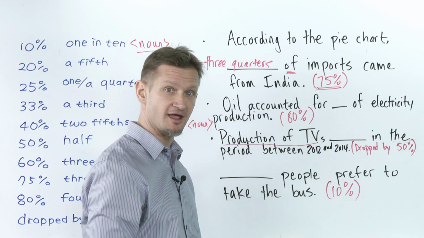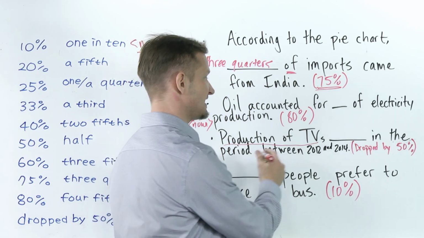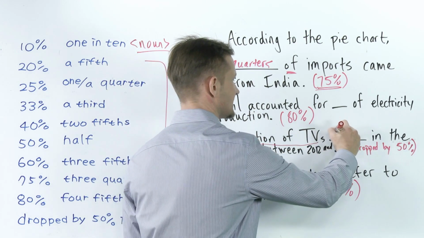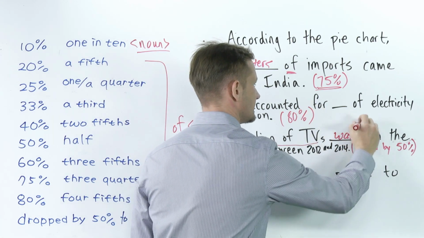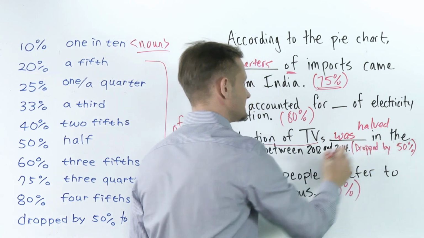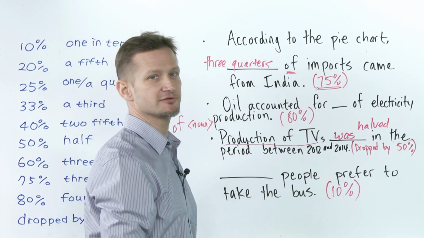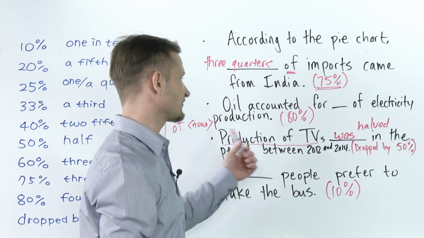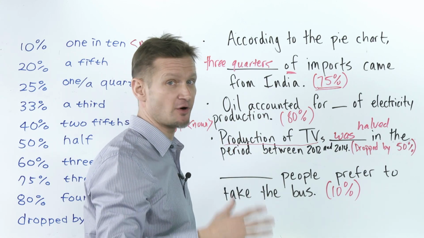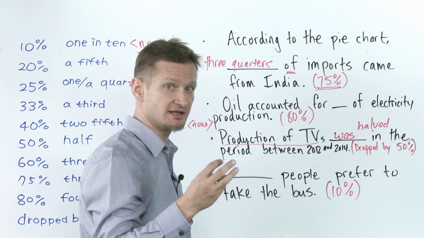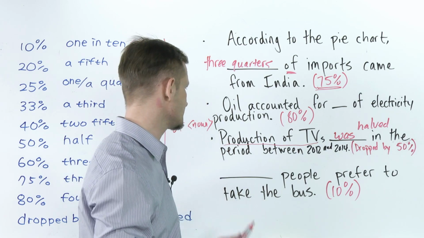I, you, he, she, it, we, they. It's it. So we say was halved in the period between 2012 and 2014. So for this one, when you're conjugating to be, you got to make sure you know what the subject is. And your subject's always I or you, he, she, it, we, or they. It's always one of those.